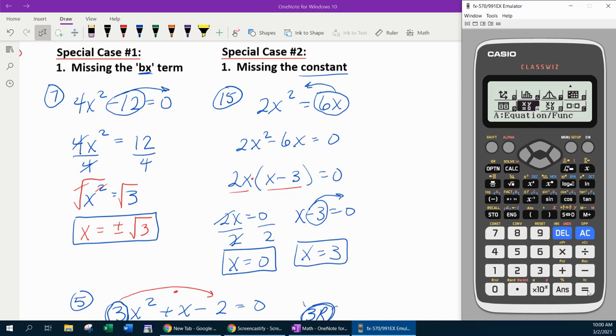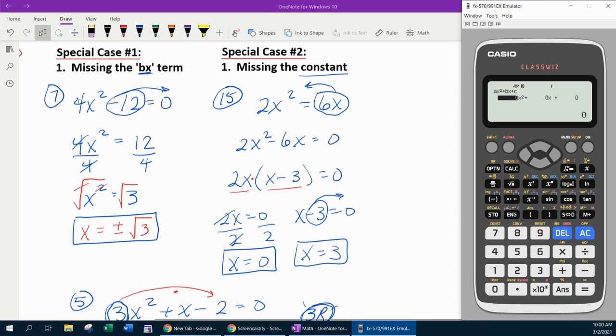So we're going to hit equals to select that. We are solving a polynomial equation of degree 2. Quadratics have a degree of 2. And notice here, all you have to do is fill in your values for A, B, and C, and then it's going to give you your answers.